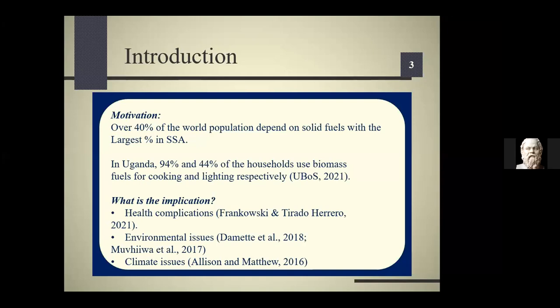When they emit these gases, it pollutes the air, and this is what we call household air pollution. This household air pollution poses serious health-related risks. We have literature giving us evidence that a number of premature deaths are related to household air pollution.